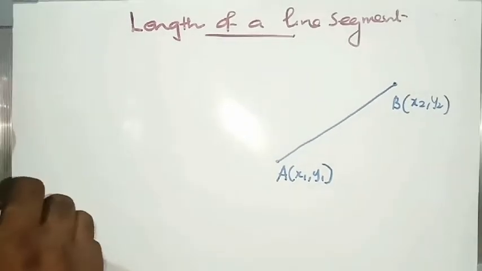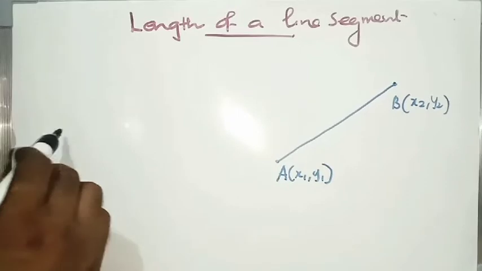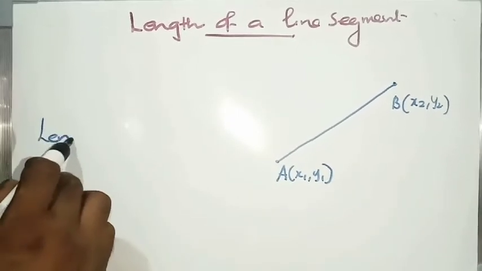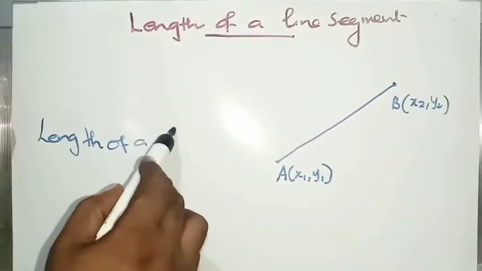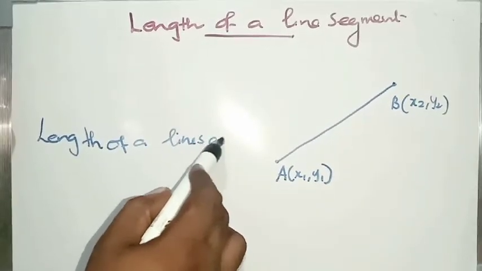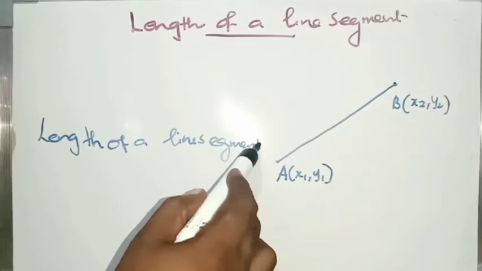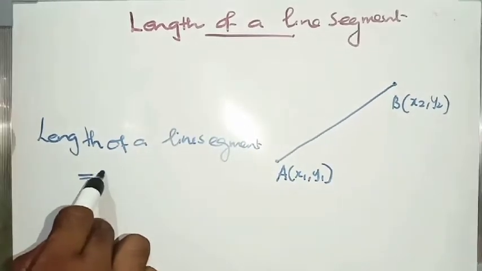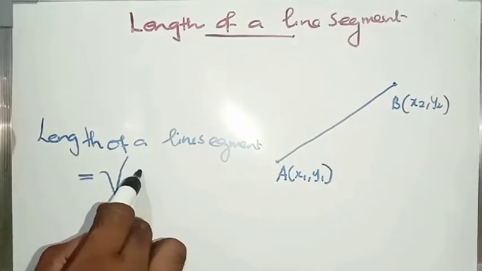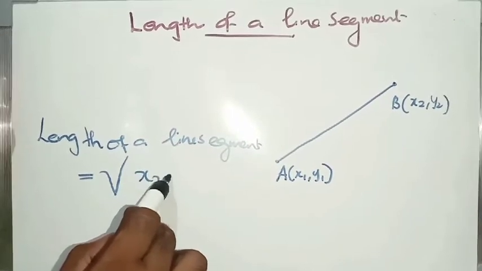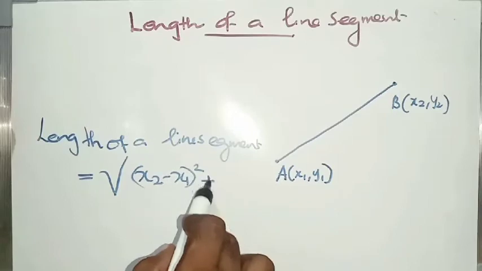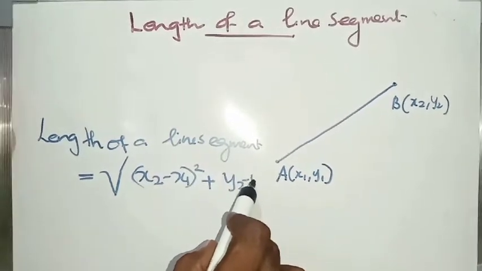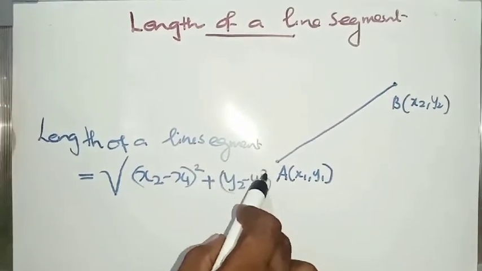Then the equation to find the length of a line segment is under the root, x2 minus x1 the whole square plus y2 minus y1 the whole square.